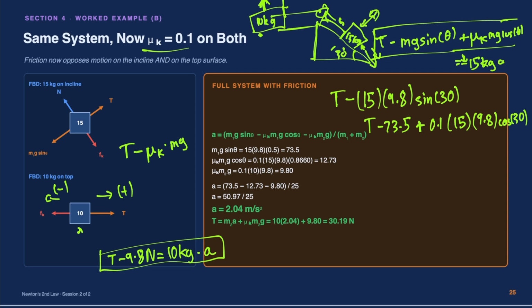So then whatever answer I get, which is 12.73, I subtract 73.5 from it, right? It's also going to be equal to negative 15 kg times a. So this is going to end up T minus 60.77 approximately is equal to negative 15 kg a.